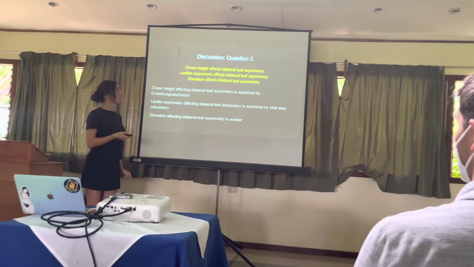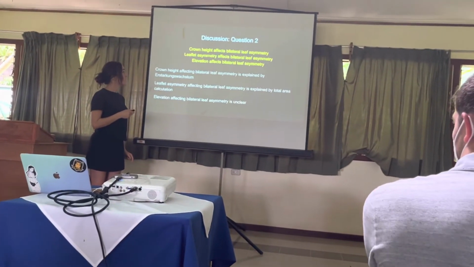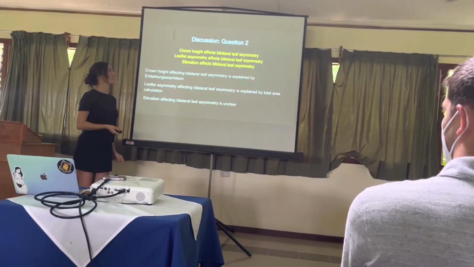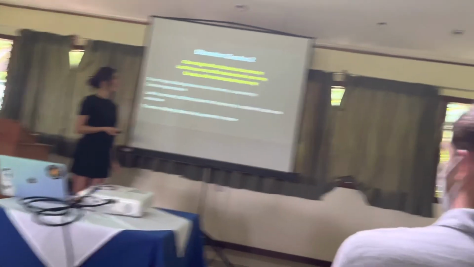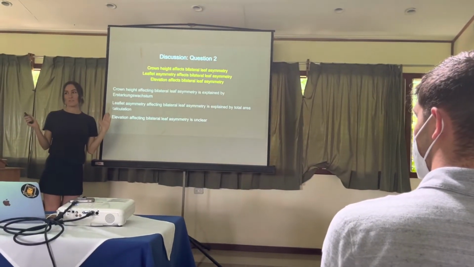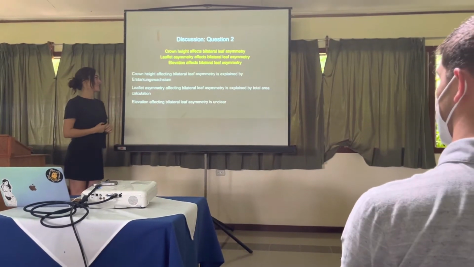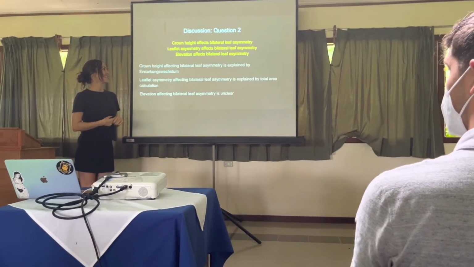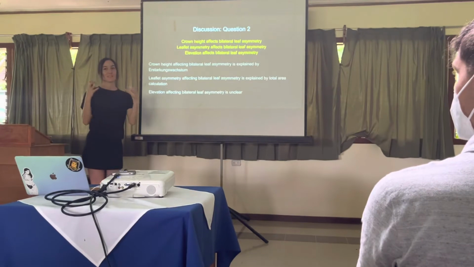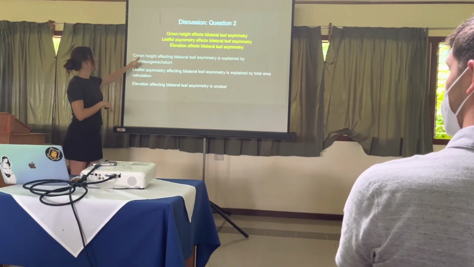So if leaf size and complexity increases, it makes sense that the number of leaflets also increases. For the other question, what affects bilateral leaf asymmetry, we found crown height, leaflet asymmetry, and elevation affects bilateral leaf asymmetry. So again, crown height, just like stem circumference, is also a part of Wachstum, and so again, leaf complexity and size corresponds to higher crown height.